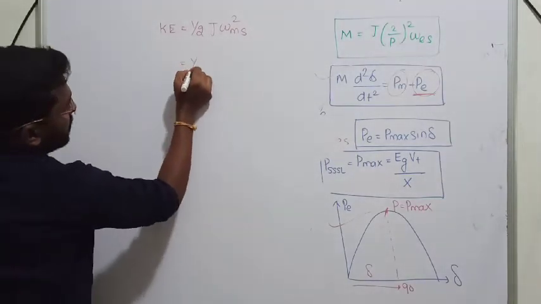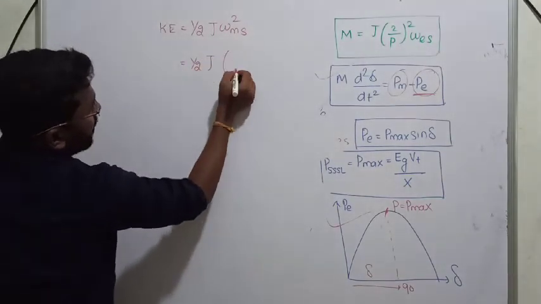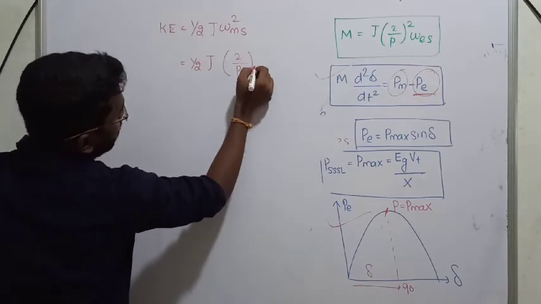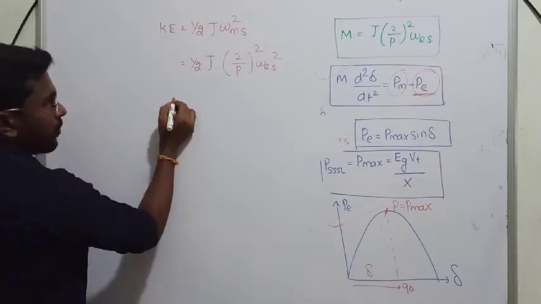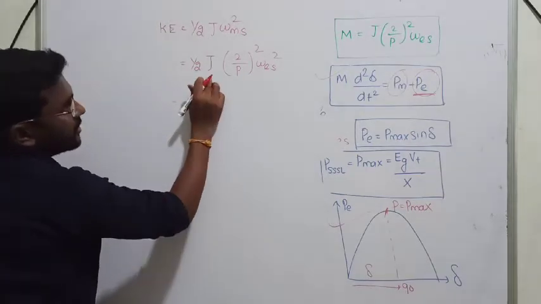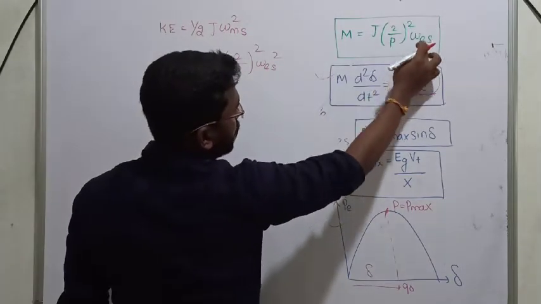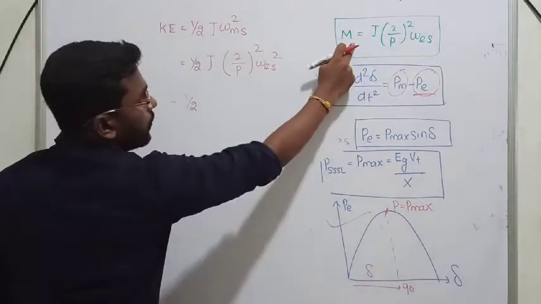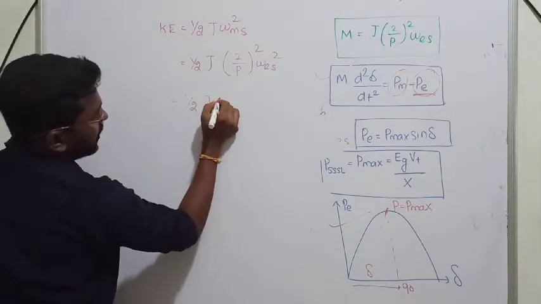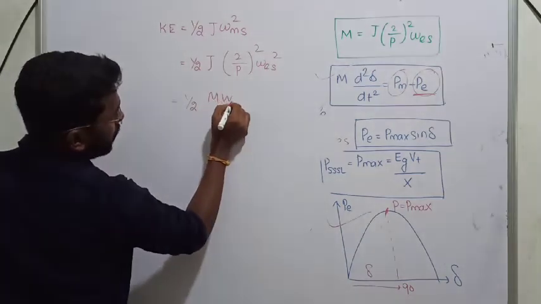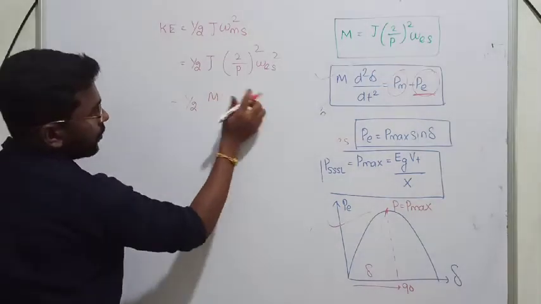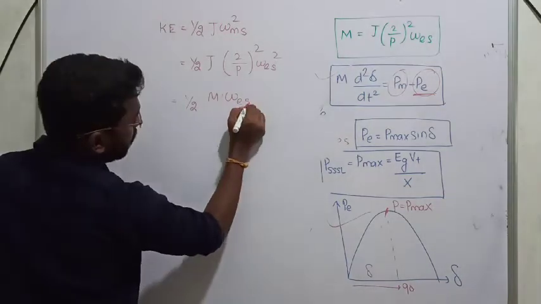Let me extend the discussion. J times the mechanical speed can be written as 2 by P times the electrical speed. Since we have a square, that becomes a square. Just now we saw J times (2 by P) whole square can be replaced by M. So it will be M times the electrical speed at the synchronous, that is omega, the electrical speed while rotating at synchronous speed.